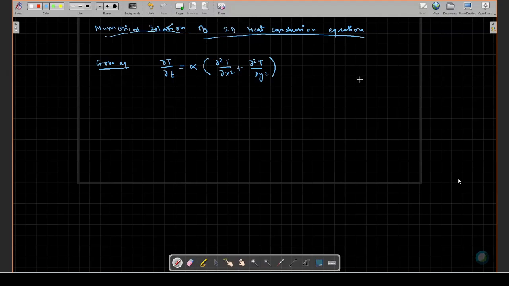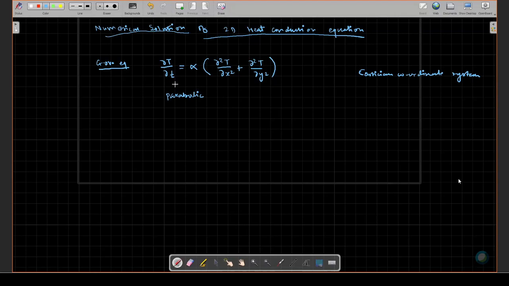Now if you see the property of this equation, it is a parabolic equation, right?